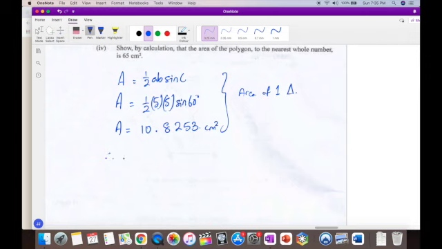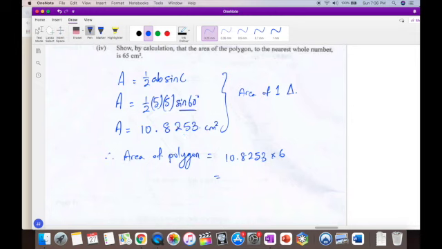Therefore, the area of the polygon is equal to 10.8253 multiplied by 6. And you can see in this situation, when we're dealing with sine of 60 and all of these kinds of things, that it's probably best to work in decimals.